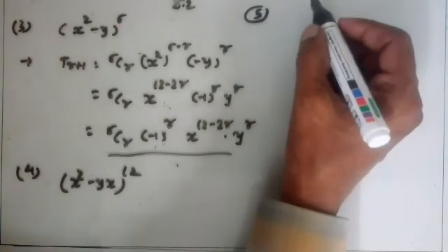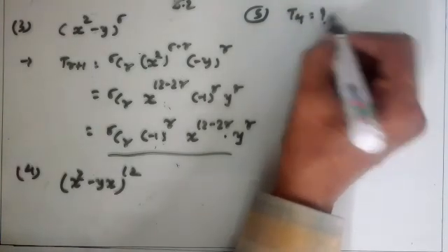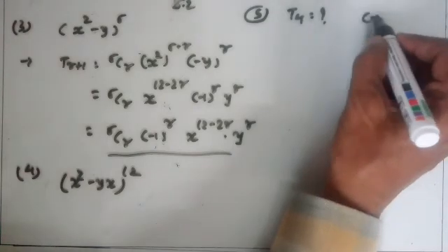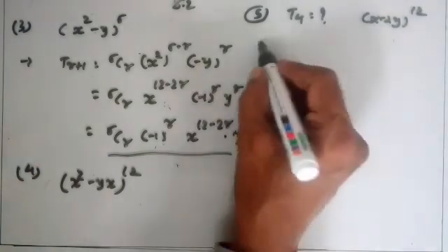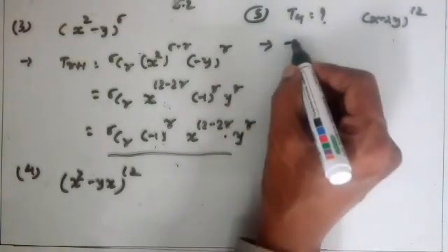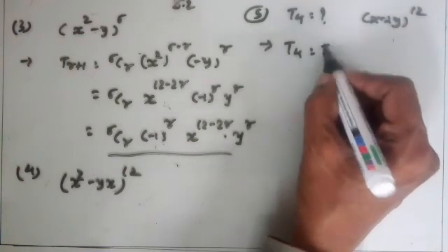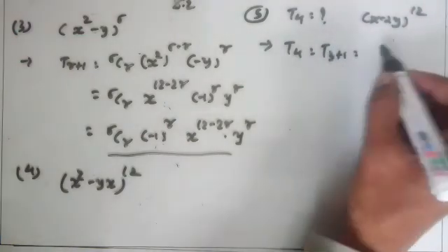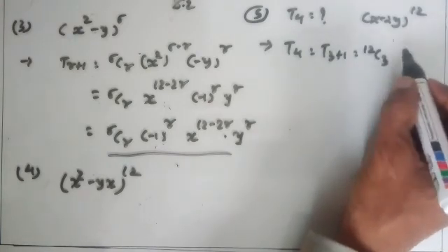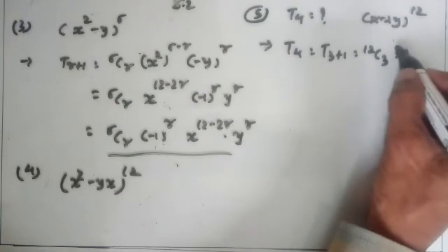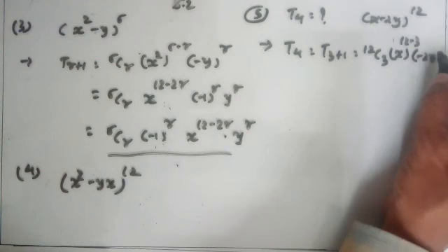Find the term T4 in the expansion of (x minus 2y) raised to 12. Remember, change T4 into r plus 1 form: T3 plus 1 is equal to 12C3 x raised to 12 minus 3 and (minus 2y) raised to 3.